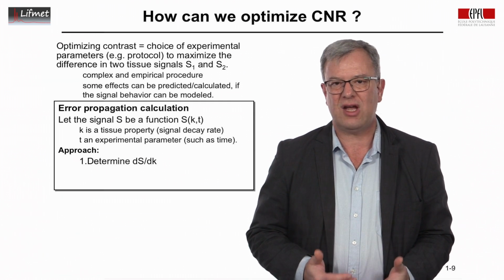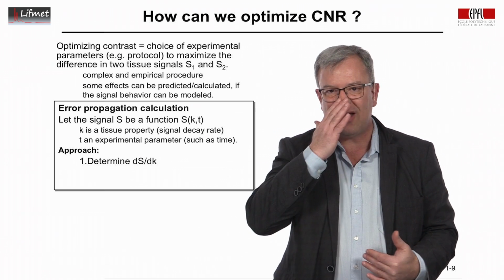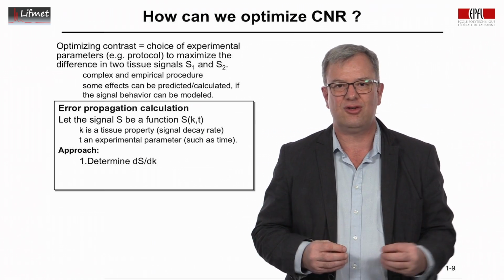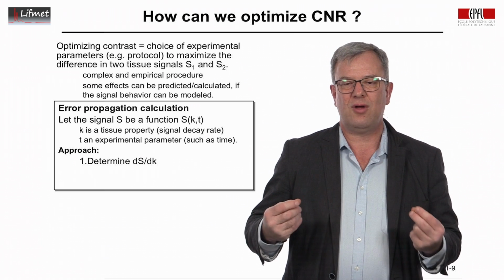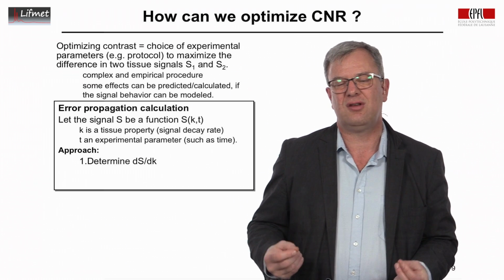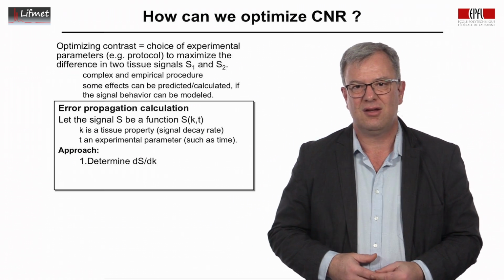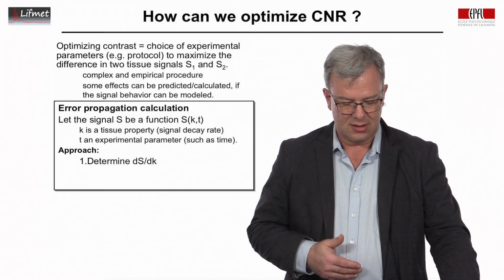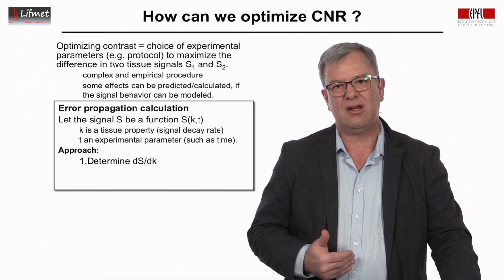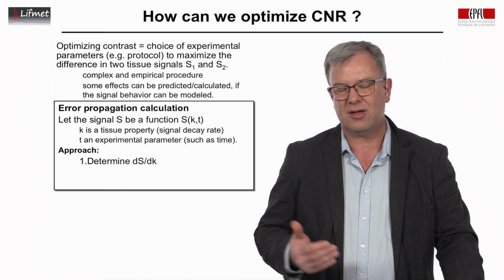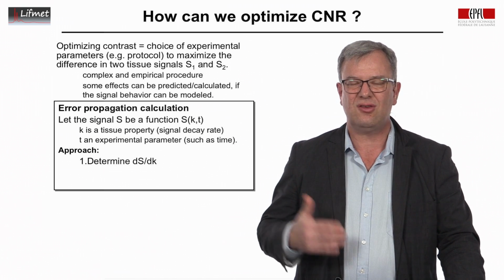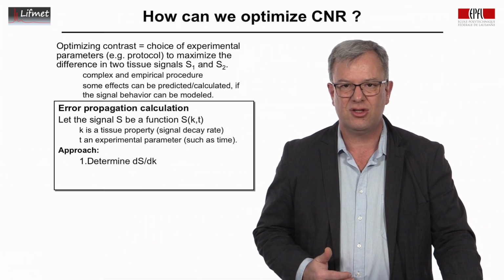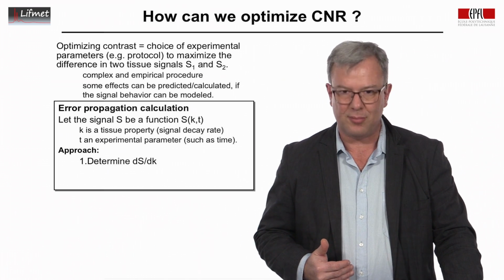We can of course not change the tissue property k, but in the end what we're asking is, we have a range of different tissue properties, and where is the imaging technique most sensitive to differences in tissue property, here what we call k. So we'll take this function that we define here, we calculate dS over dk. That's the sensitivity of our measurement to changes in tissue properties.